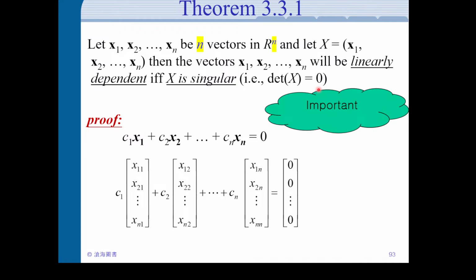The proof is basically that we check this linear dependency equation: c1x1 plus c2x2 plus up to cnxn equal to 0.